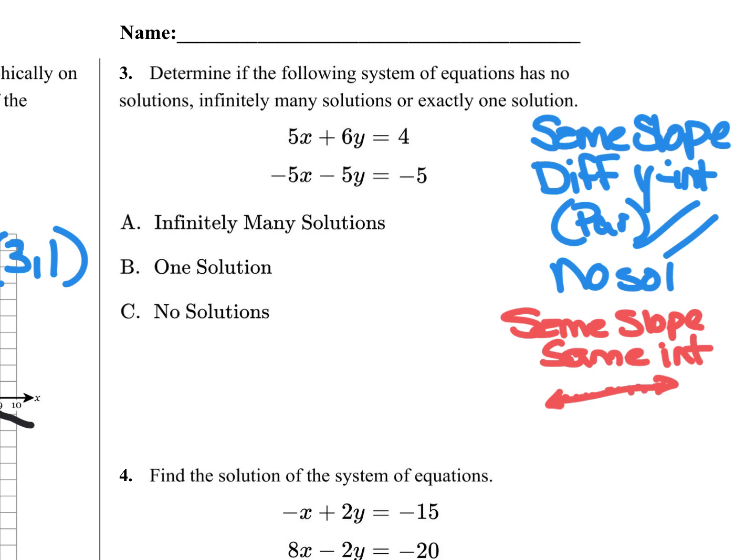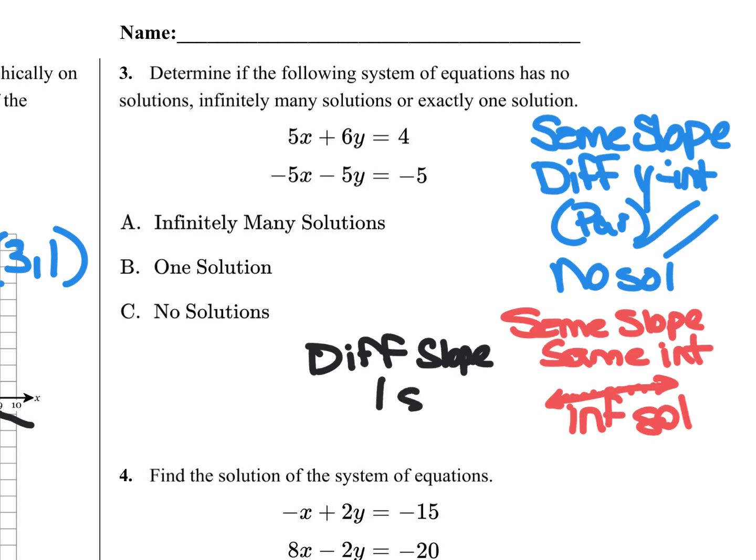They have the same points as each other, so they would have infinite solutions. And then if they have different slopes, then it's one solution. Okay?